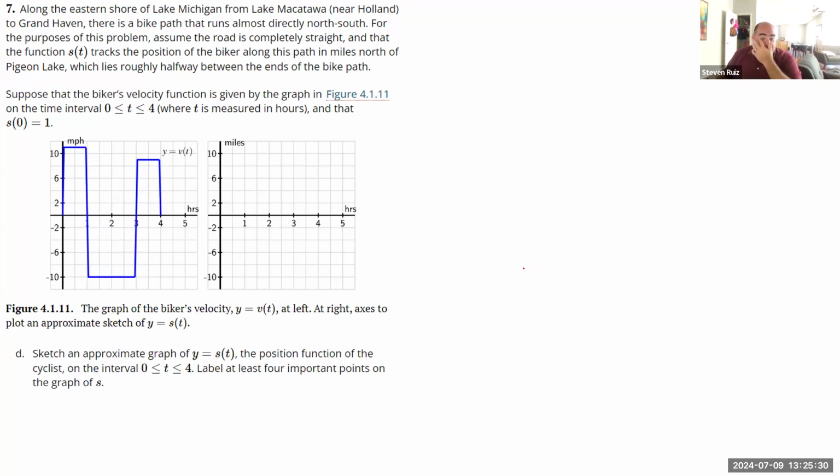Part D: sketch an approximate graph of y equals s of t. I think we have more than enough data to do that. So we know that she started at Pigeon Lake. Actually, do we know that?